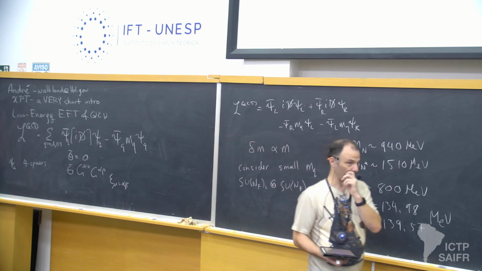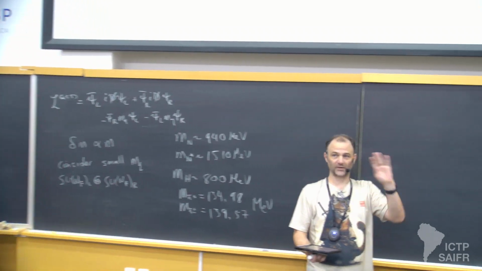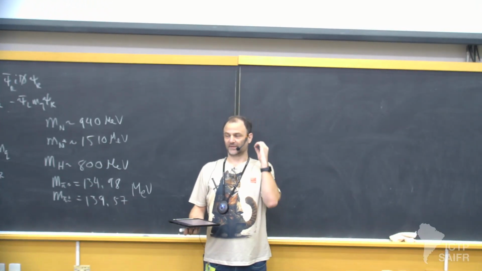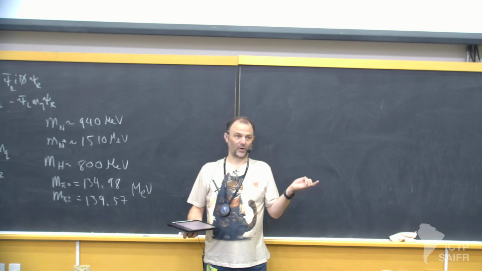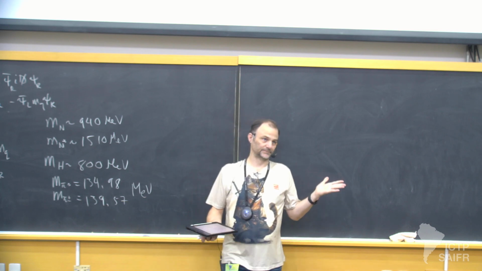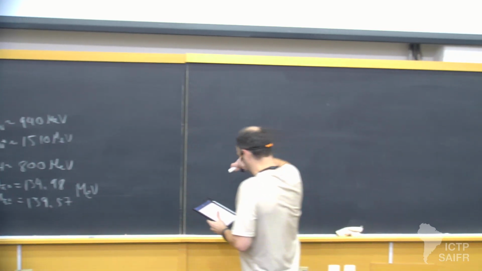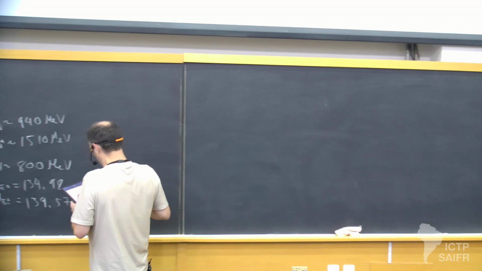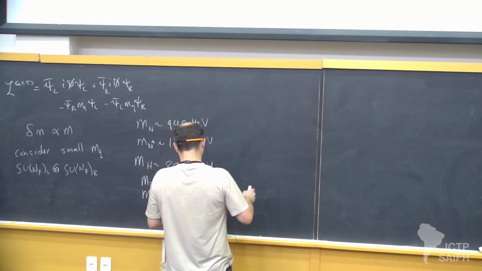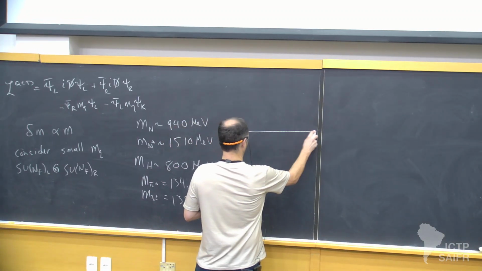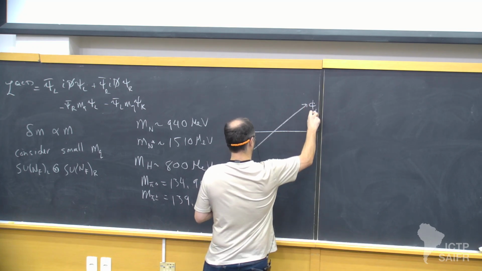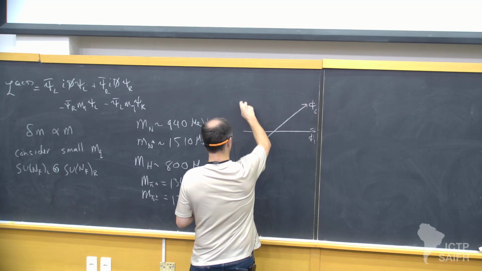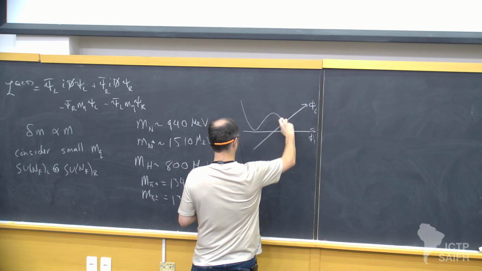If you remember, if you have a global continuous symmetry that's spontaneously broken, you get massless particles, the Nambu-Goldstone modes. If you recall the U(1) version of this, let's say we have some complex field, phi 1. Now here we'll test my artistic abilities. We have the potential.